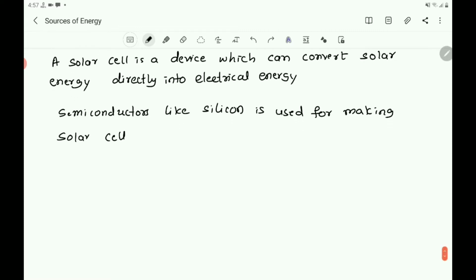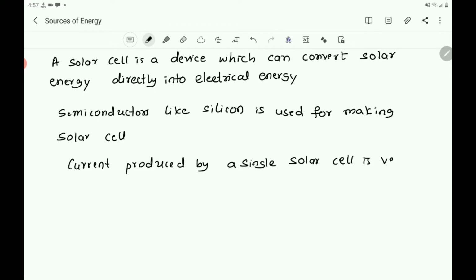So, you write: current produced by a single solar cell is very small.